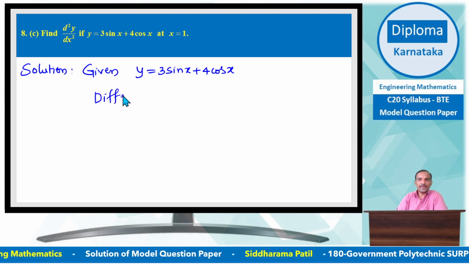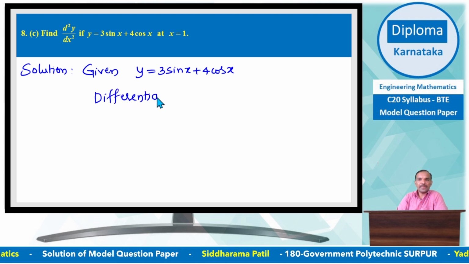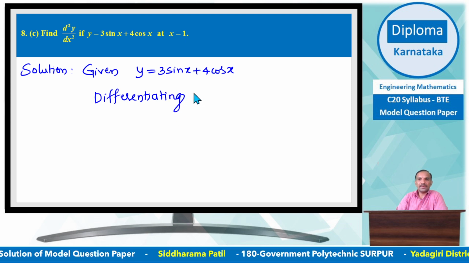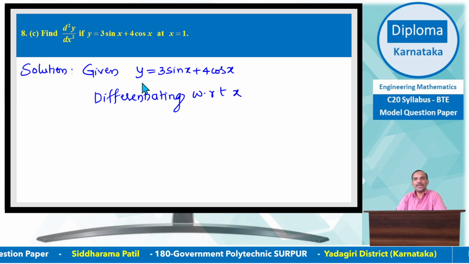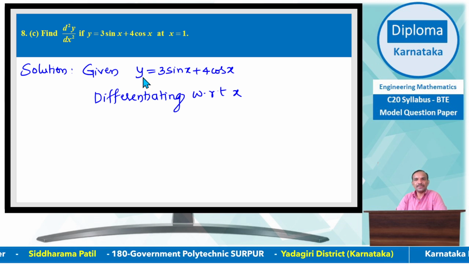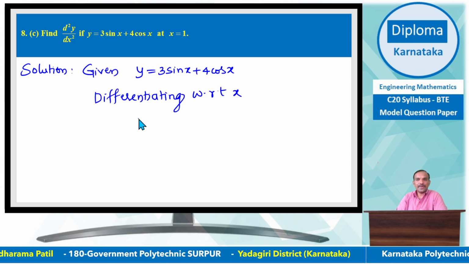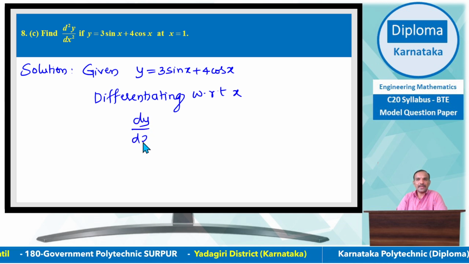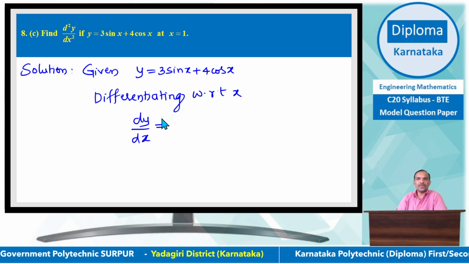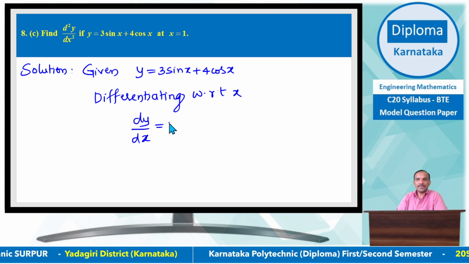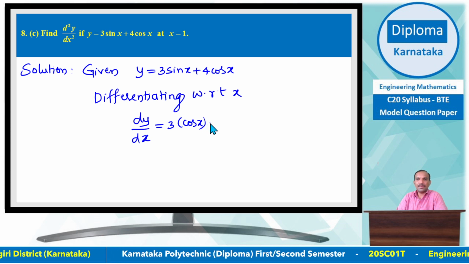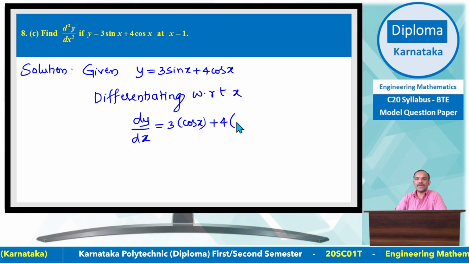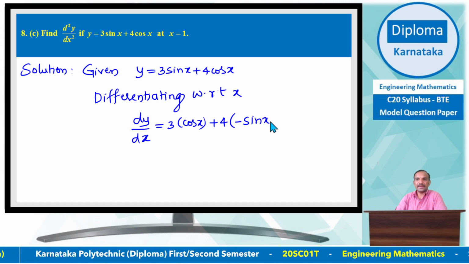Differentiating with respect to x, dy by dx equal to 3 into derivative of sin x, which is cos x, plus 4 as it is, cos x differentiation is minus sin x.